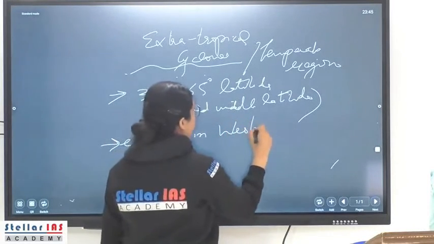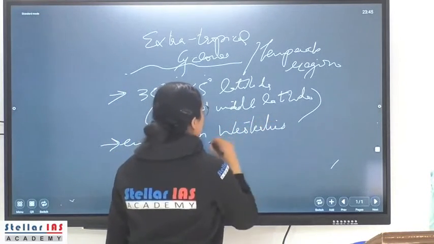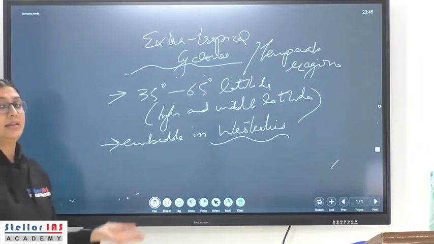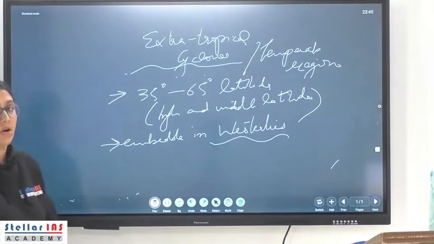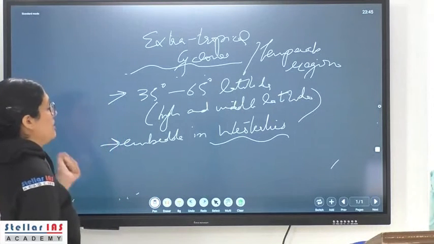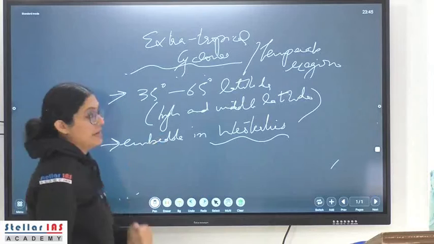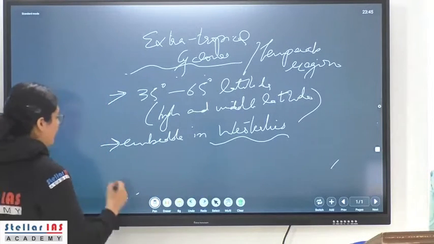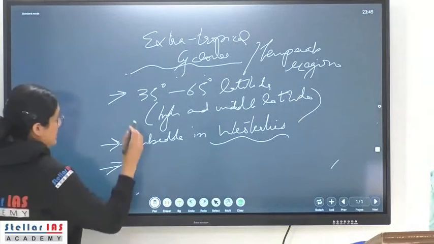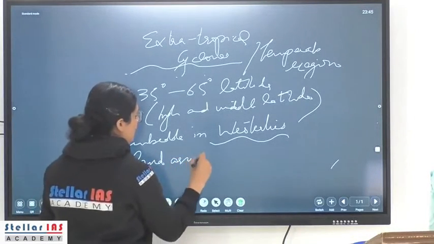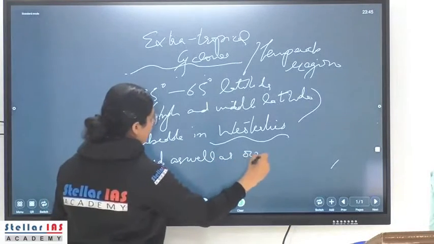Okay, we had done that tropical cyclones, they are embedded in the trade winds, right? So the direction of movement is decided accordingly. Extratropical cyclones or temperate cyclones, they are embedded in the westerlies, therefore they tend to move from west to east, right? Next, extratropical cyclones can form on land as well as oceans.